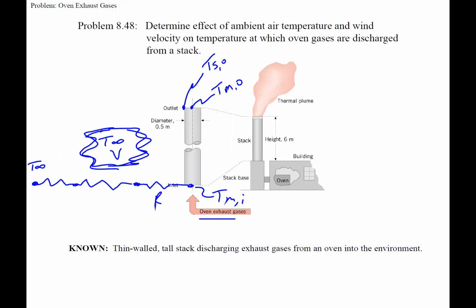Resistance from convection on the inlet, we have the wall, and then resistance convection on the outside, okay? Usually this wall we can neglect, okay? It didn't have any insulation, so we're going to end up neglecting that, okay? So it's a metal tube, we can say its resistance is small compared to convection, okay? So if we look at it here at the inlet, this temperature is the mean inlet, and then T infinity is staying the same.